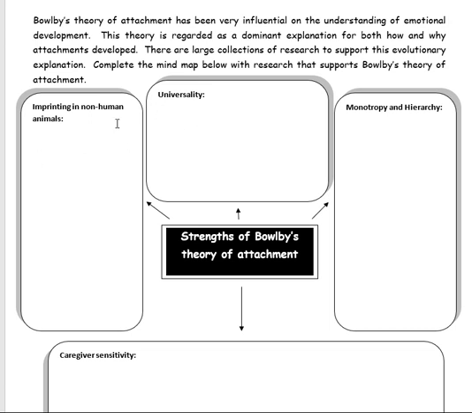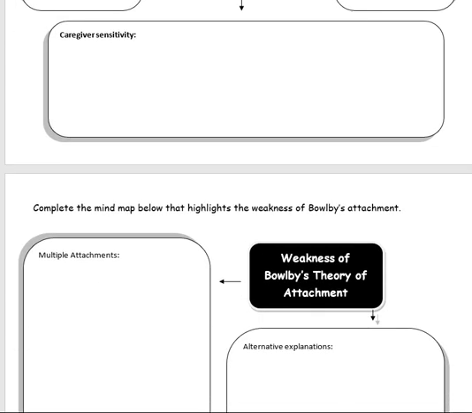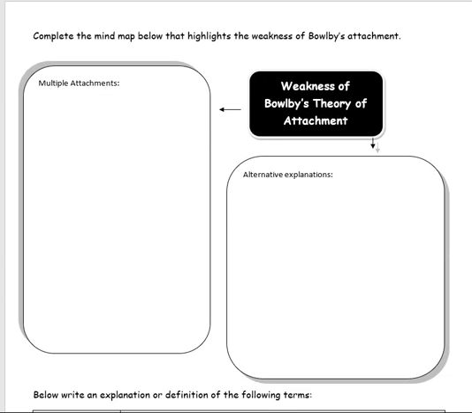But what I'm thinking here is that perhaps these are probably the better ones to use. So universality is this idea of an innate need to attach is found in nearly every species, and that's where, if you like, you can pull over and bring imprinting in. So there are strengths of Bowlby's theory, and similarly we've got weaknesses, and this will probably be a bit easier for you to fill in.